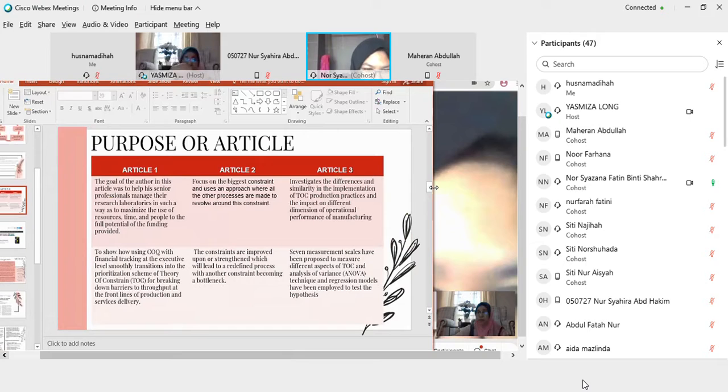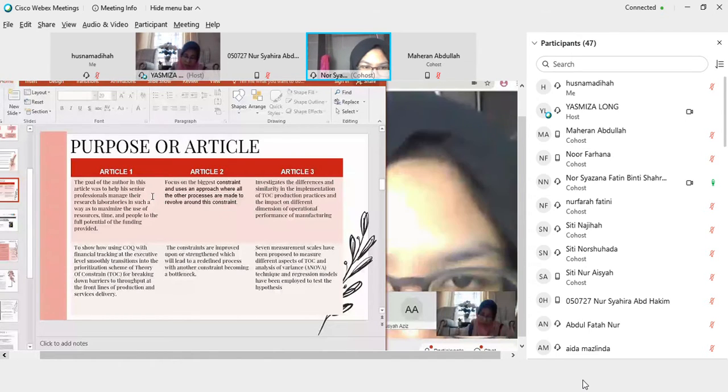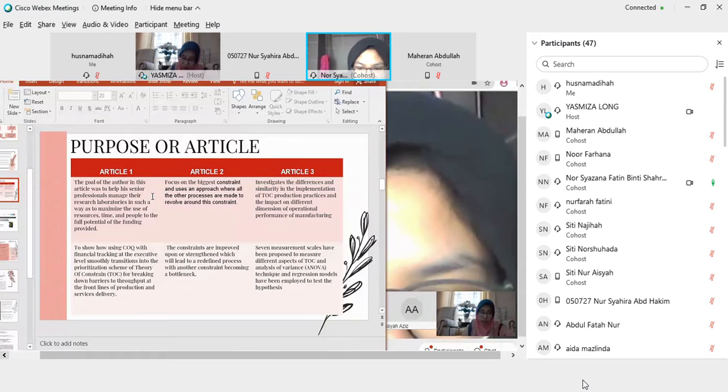To show how using COQ with financial tracking at the executive level smoothly transitions into the prioritization scheme of theory of constraints, TOC, for breaking down barriers to throughput at the frontliners of production and services delivery.